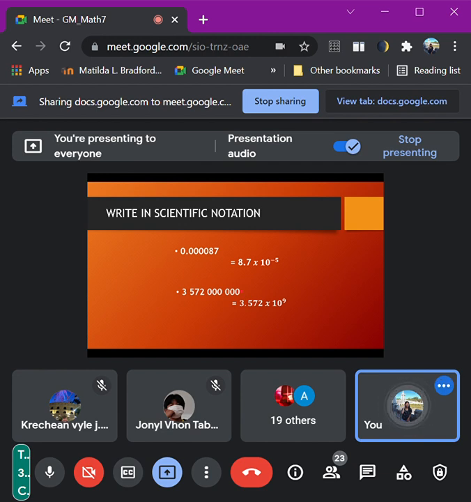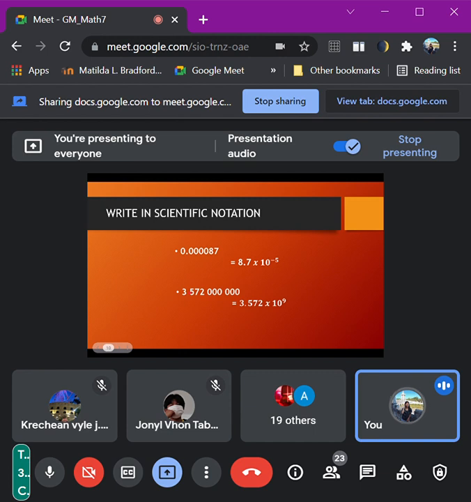So what we're going to do is the same steps as what we did earlier. Since the decimal point is there, our goal is to have one non-zero digit to the left of the decimal. So from here, we move our decimal point. 1, 2, 3, 4, 5, 6, 7, 8, and 9.